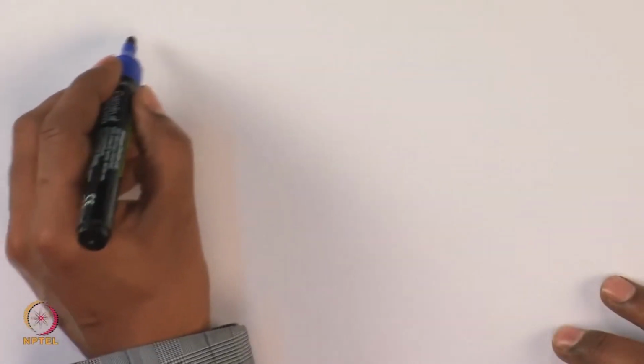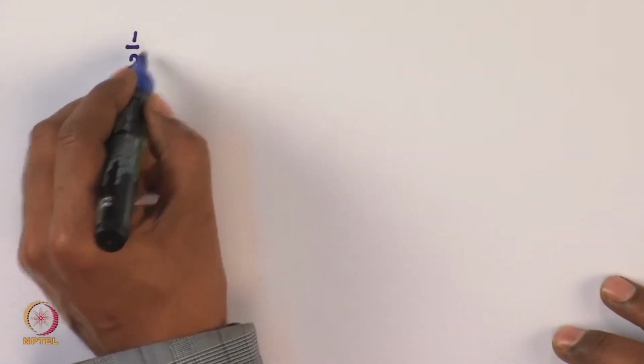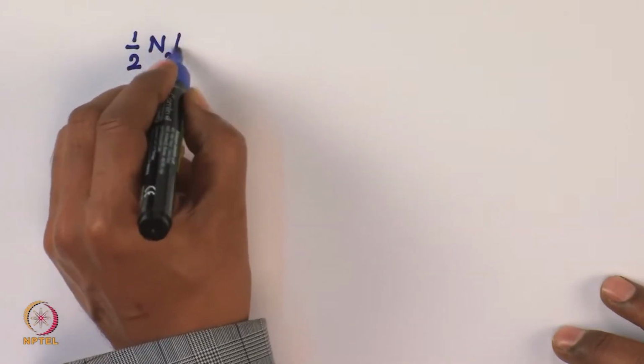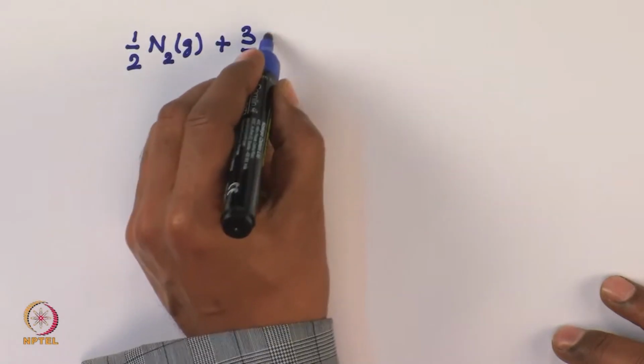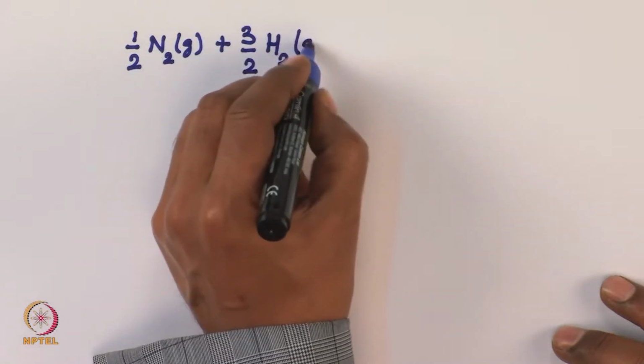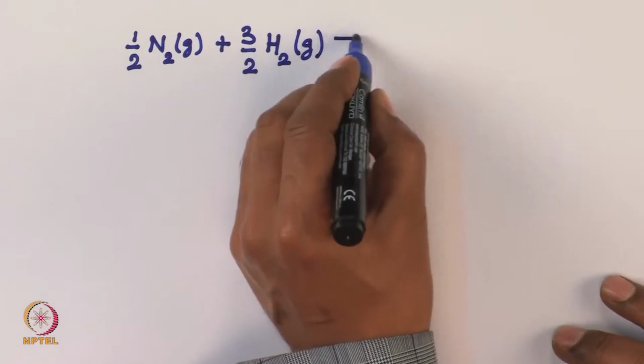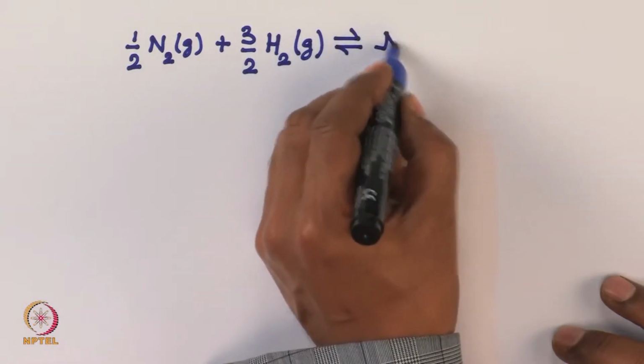In the context of the given question, let us see what information we have and how we use it. Formation of ammonia can be written as half nitrogen gas plus 3/2 hydrogen gas forms NH3.